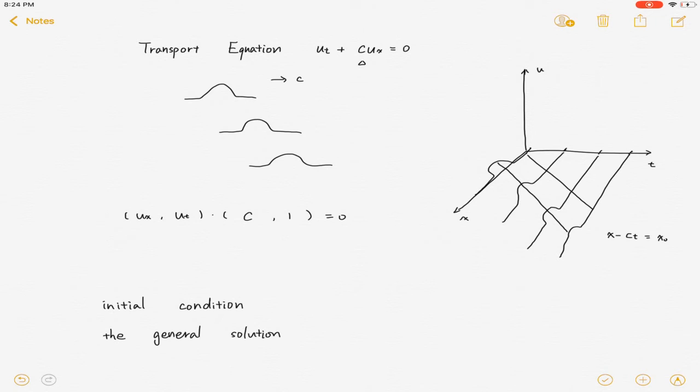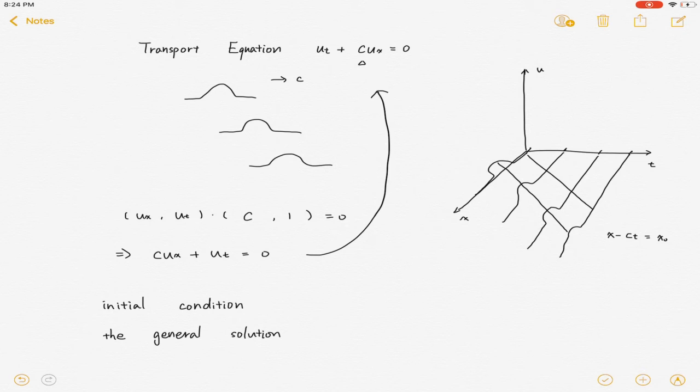Thus, we can get a formula like this, which is c u_x plus u_t equals 0. That is exactly the transport equation.